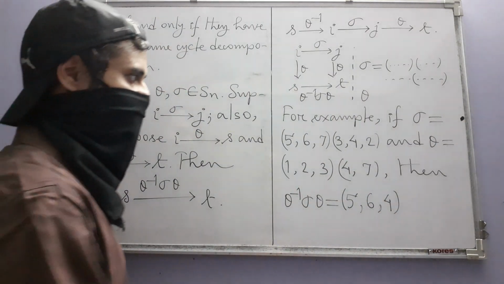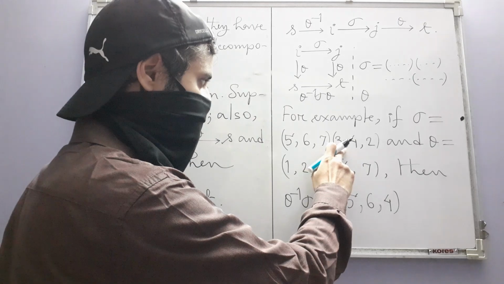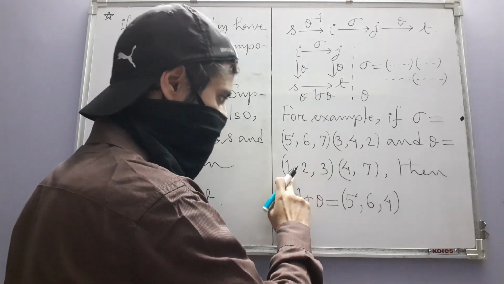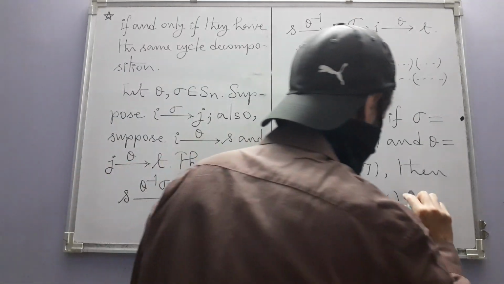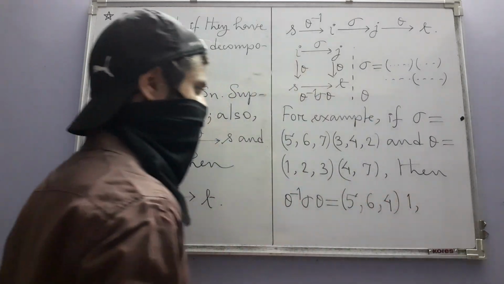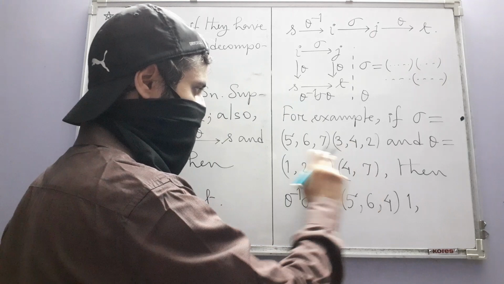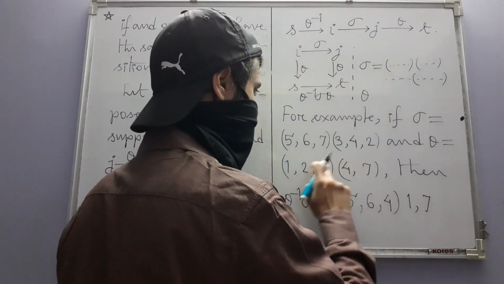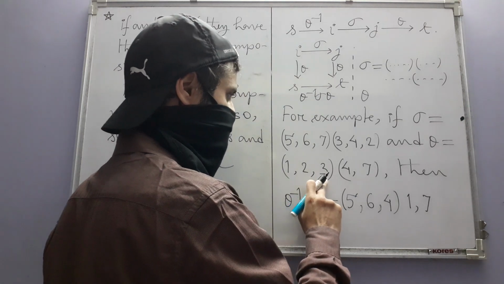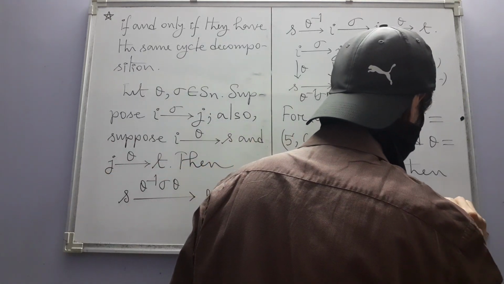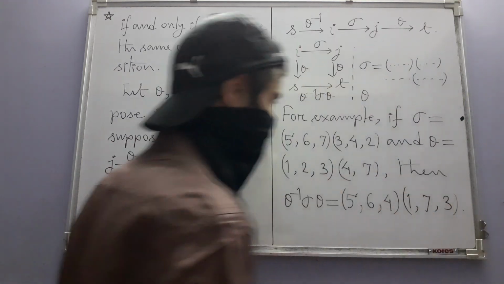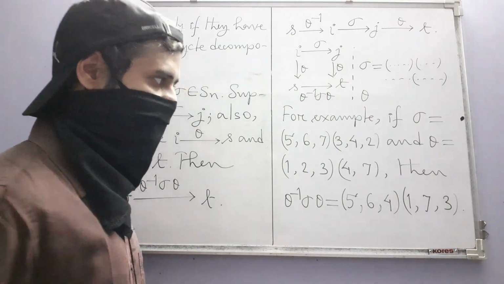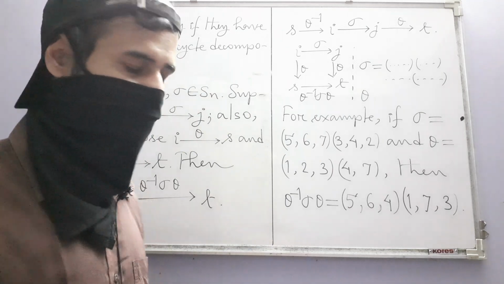Next, what does theta do to 3? 3 is changed to 1 by theta. So we write 1 here. 4 is changed to 7 by theta. So 7. And 2 goes to 3 under theta. So we write 3. So you can see that it's very quick.